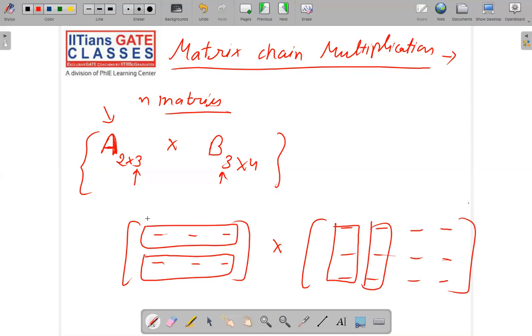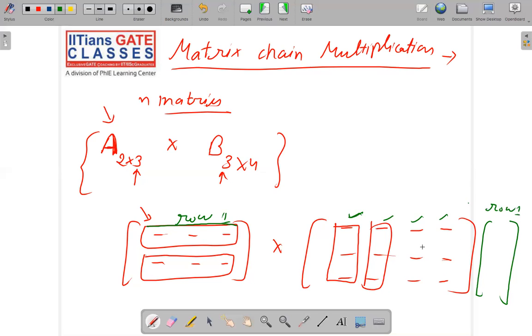Let me change the color. You multiply this row with all the columns from this: first with this one, this one, this one, and this one. So this is row 1. Sometimes it is easier to place this row vertically. Right now it's horizontal, so you pick the row and place it vertically.